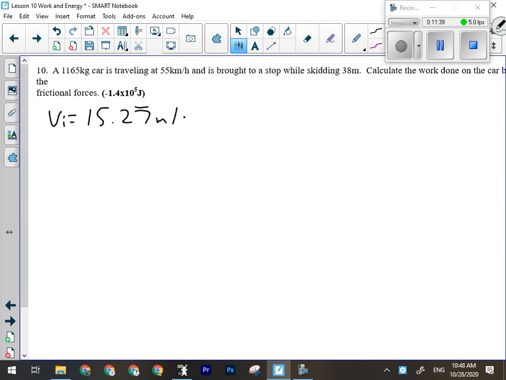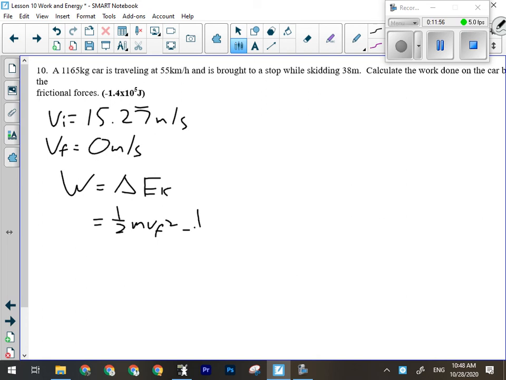Meters per second. What's my final velocity? 0. Work is a change in mechanical energy. In this case, I'm only changing the kinetic energy, so I only need to write that. So that's going to be 1/2 m vf squared minus 1/2 m vi squared. And what's vf? 0. So basically I'm just going to have negative whatever 1/2 m vi squared is.